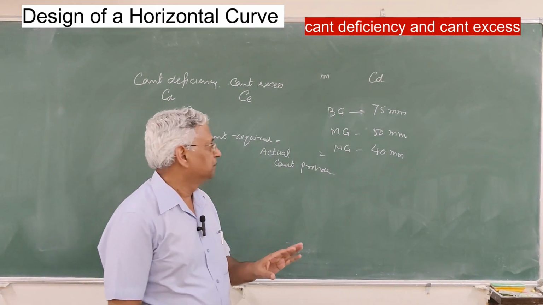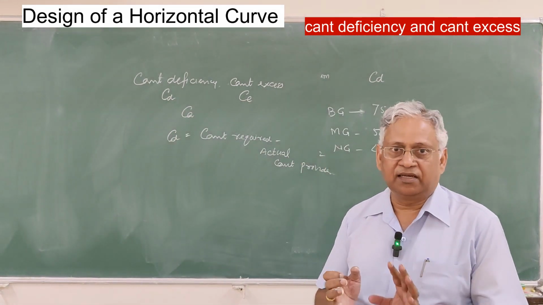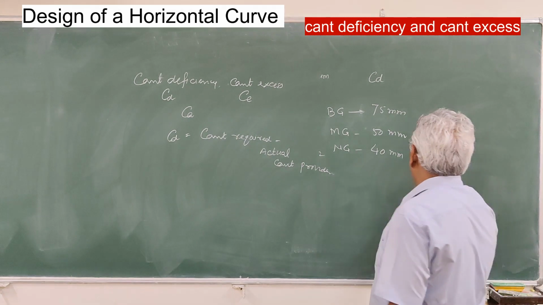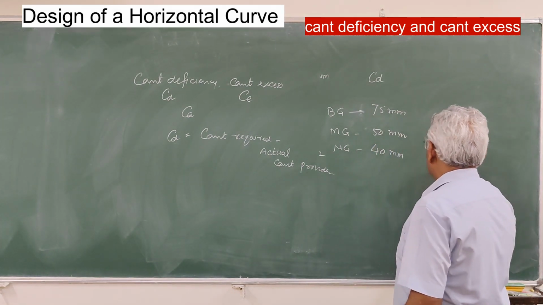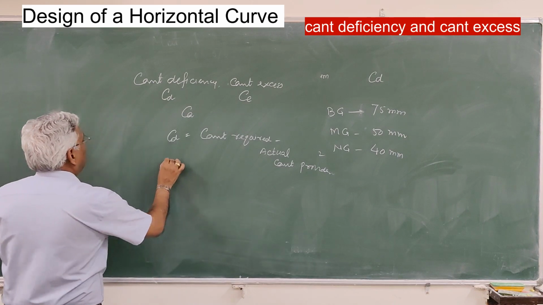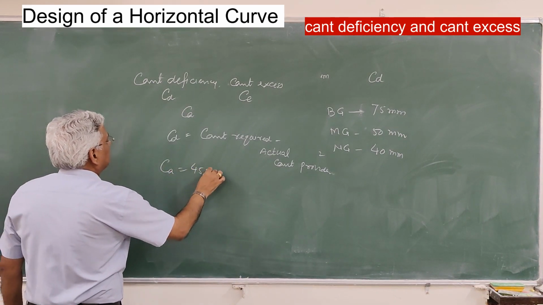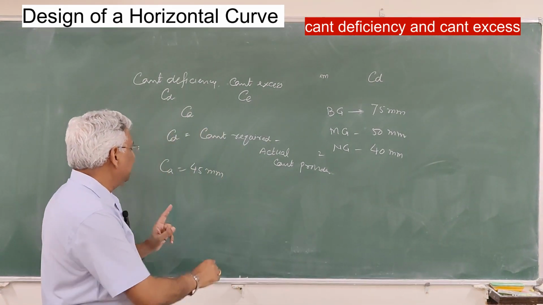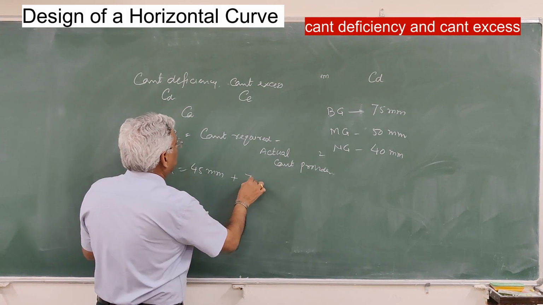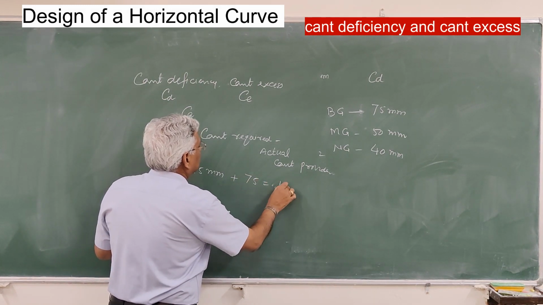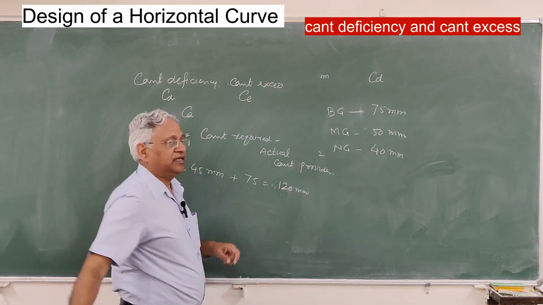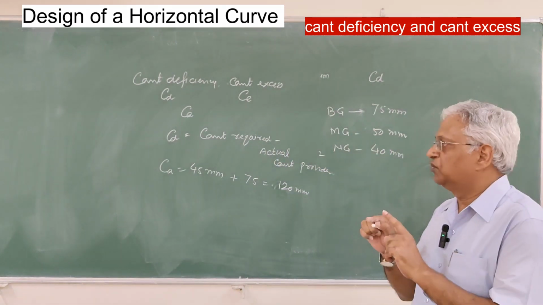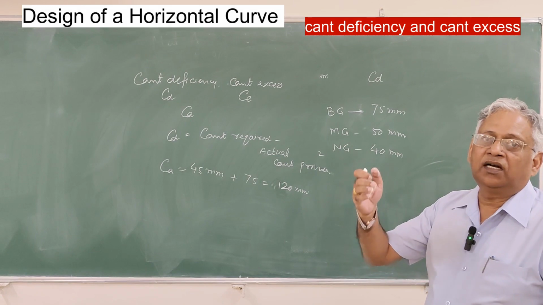What does it really mean? It means physically that if we have provided a Cant of, let us say, 45 millimeter on a track, actual Cant provided on a track is 45 millimeter, then a speed which will require a Cant of 45 plus 75, that is 120 millimeter, can be maintained without much discomfort to the passengers and without increasing maintenance cost of the track.